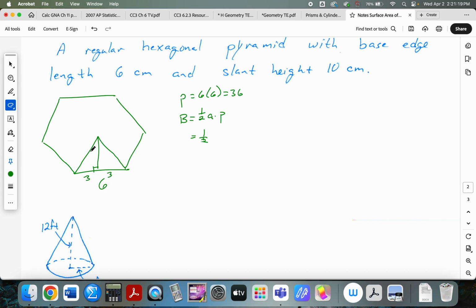In a hexagon, hopefully some of you have memorized this by now, the central angle is 60, so this angle is 30. And in a 30-60-90, across from the 30 is the short leg, and the long leg is the short leg times the square root of 3. So it's half of 3 square roots of 3 times 36. It's 54 square roots of 3.